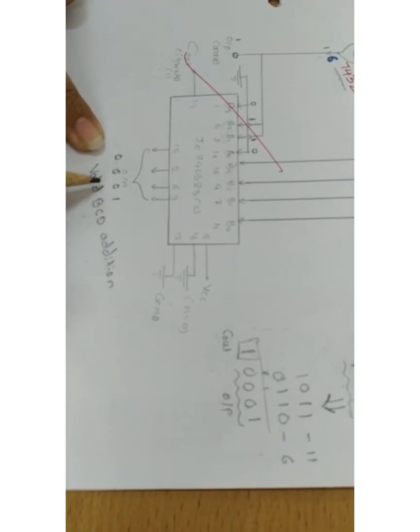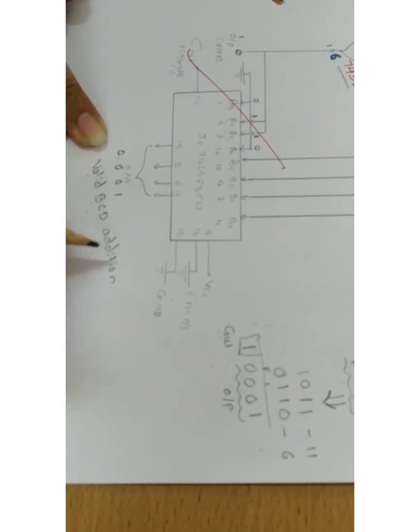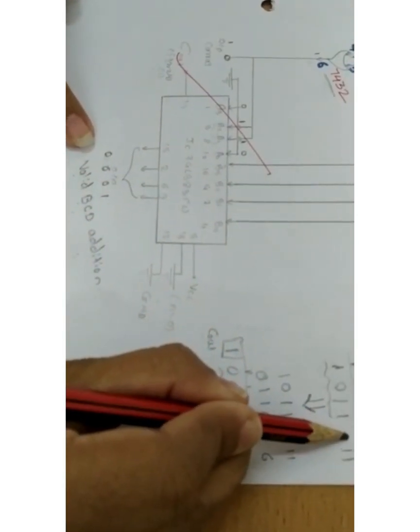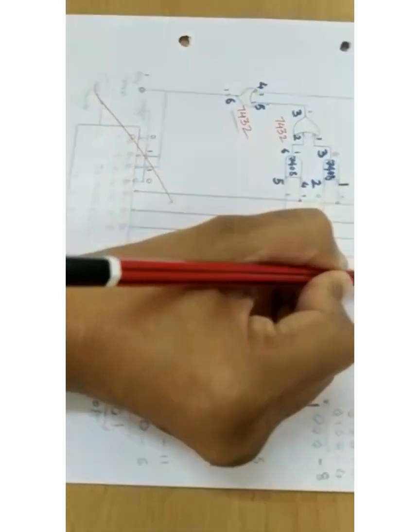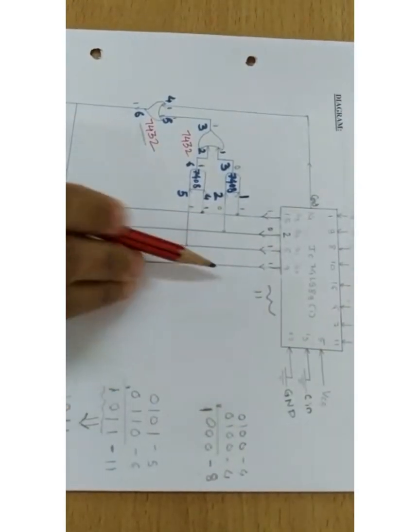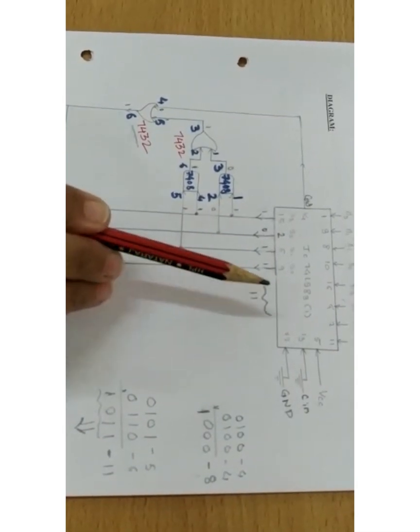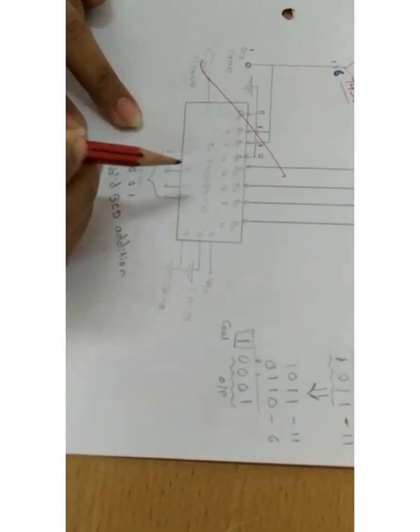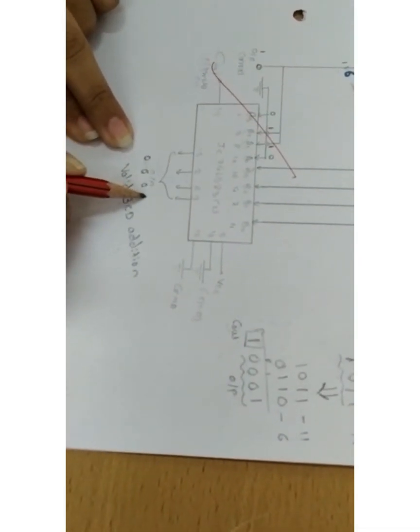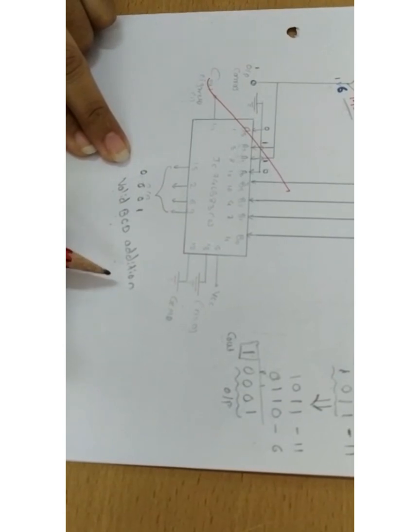So this is your valid BCD addition, because here you are getting 11 as output in decimal, which is invalid because this is greater than 9. So this one is invalid. To make it valid, we are adding 6 here, so we are getting 0 0 0 1. This is what is valid BCD addition.